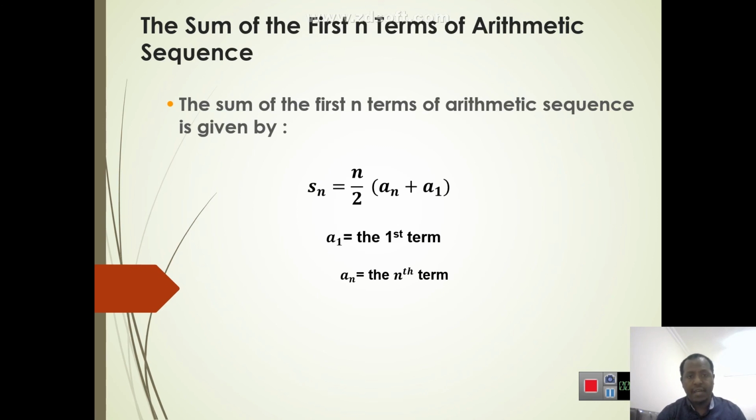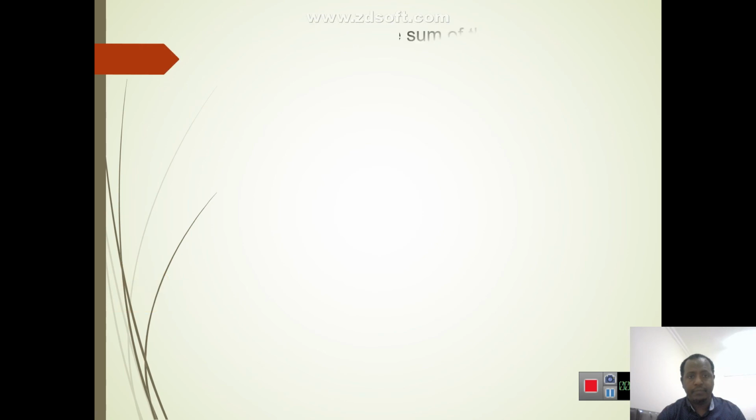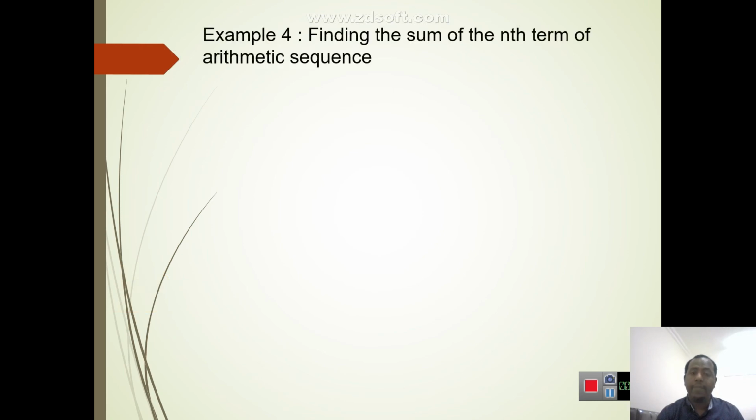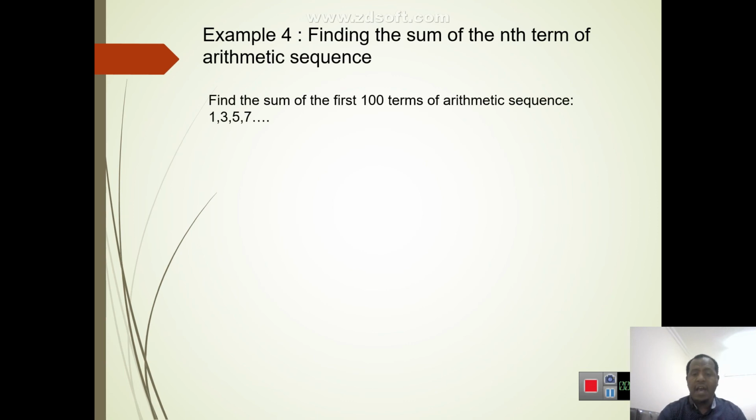So let's go to example 4. You are asked to find the sum of the first 100 terms of the arithmetic sequence given by 1, 3, 5, 7.